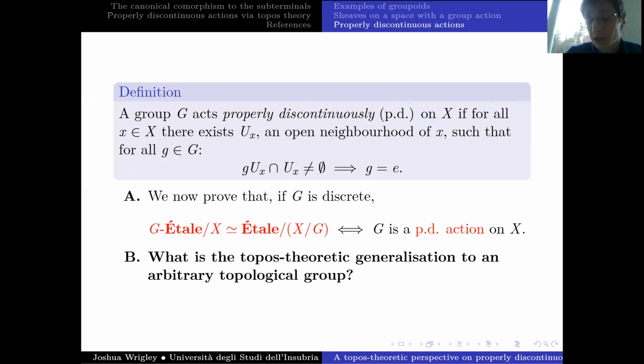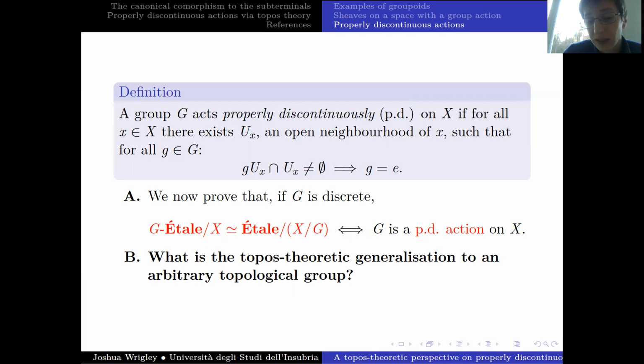And then we're going to ask ourselves the follow-up question. When we end up with this equivalence, this is saying that the topos of G-equivariant sheaves over X is a localic topos.